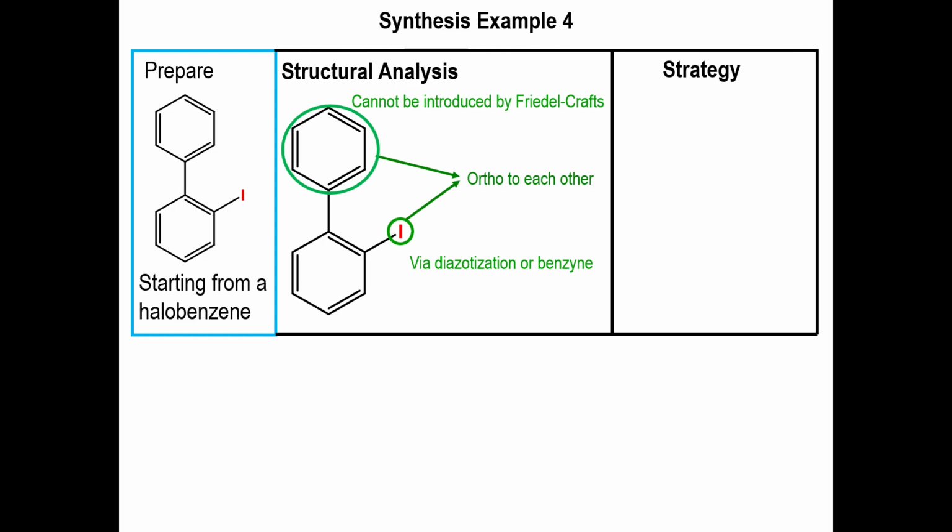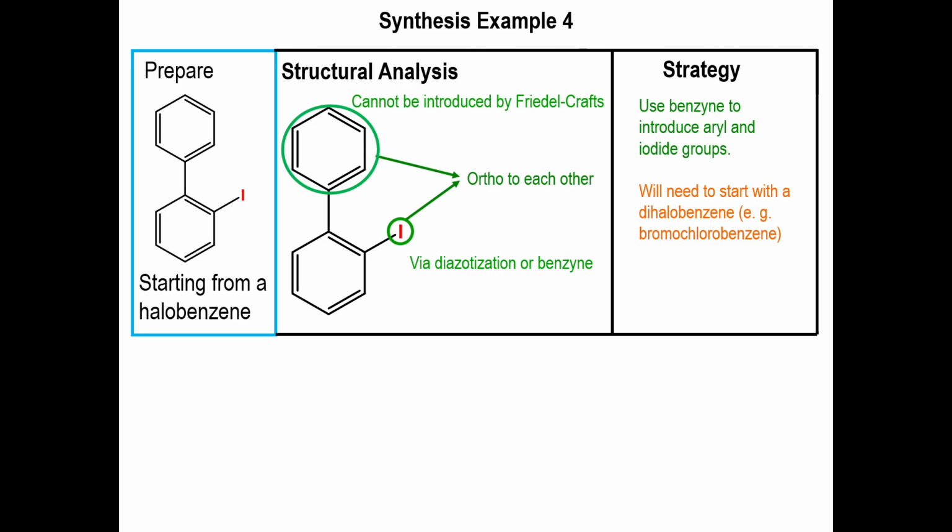And that's mostly because we have to put an extra benzene ring on an original benzene ring to begin with. All right, so we're going to use the benzyne route to introduce the aryl and iodide groups. You just have to start with a dihalobenzene to do the process.